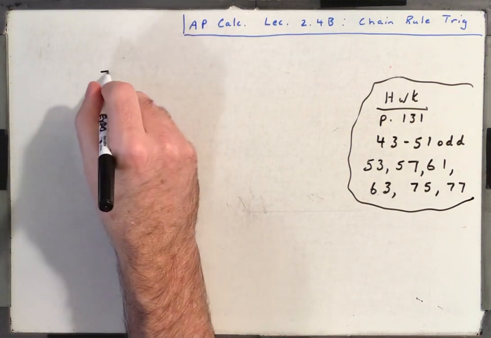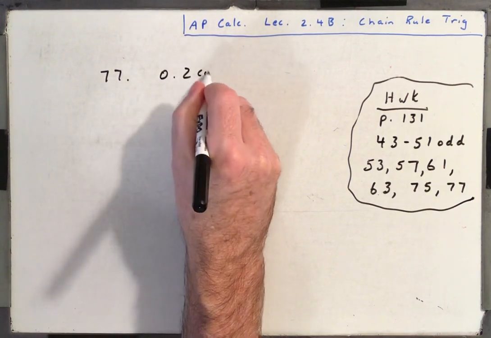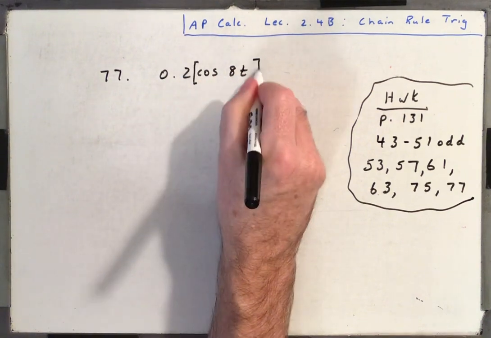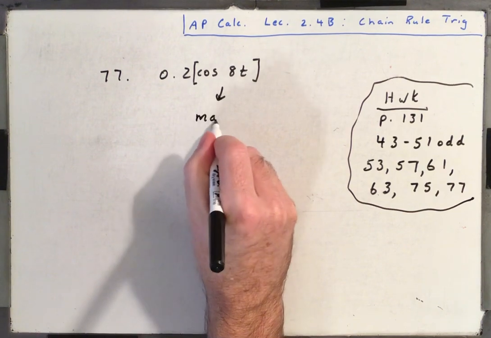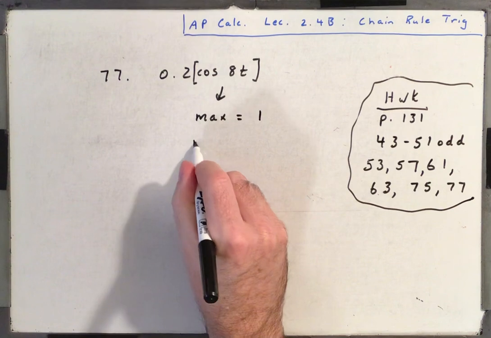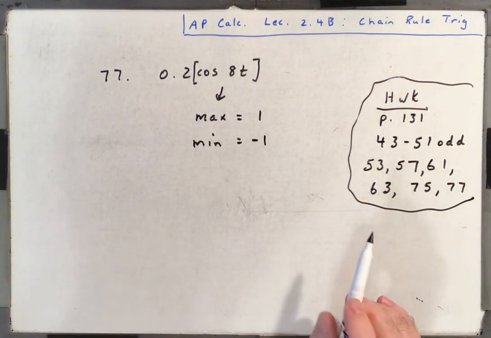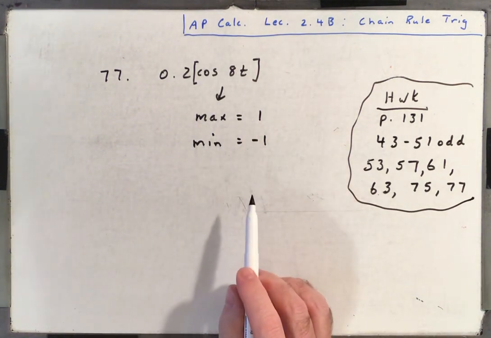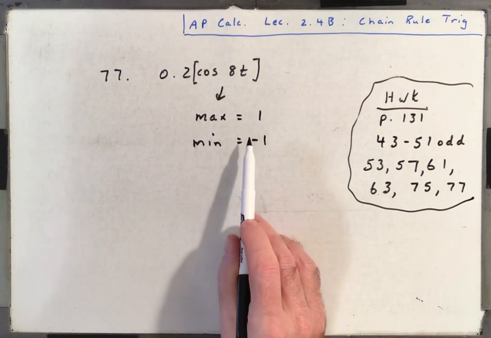So for our hint for 77, if we have 0.2 cosine 8t, remember the max that the cosine of any angle can be is 1. And the minimum is -1. So if it asks for the max there, you might remember us doing this in pre-cal when we were doing the graphs, and you could go back to those notes.